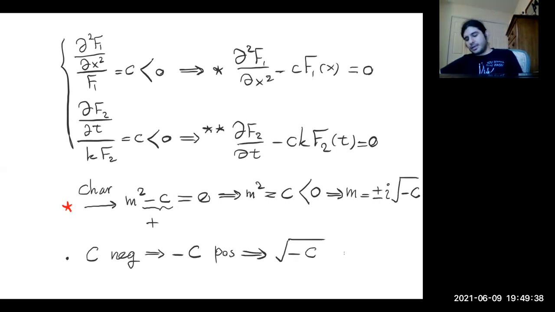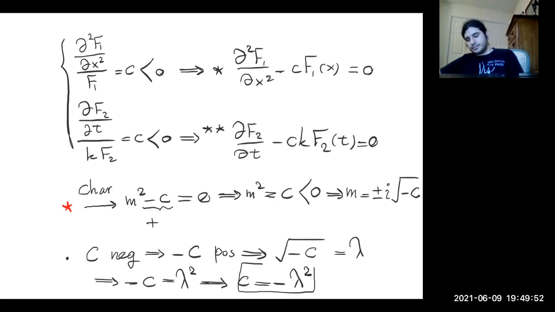Let's call that lambda. Therefore, minus c is lambda squared, so c is minus lambda squared for some lambda. So rather than using c, we can use this lambda.